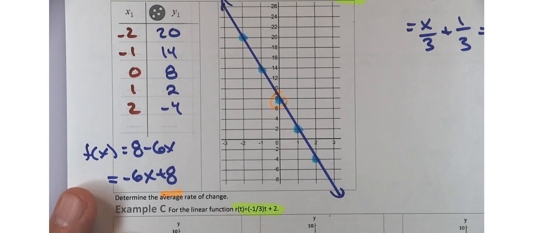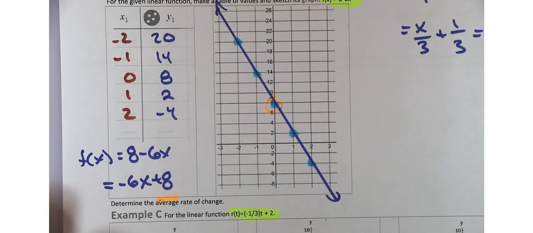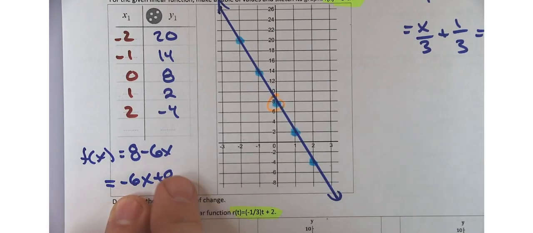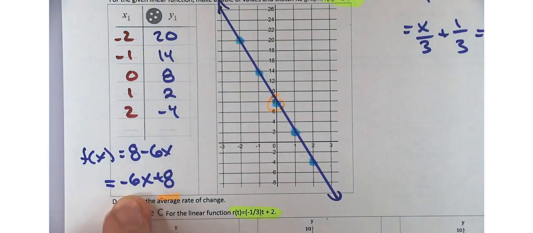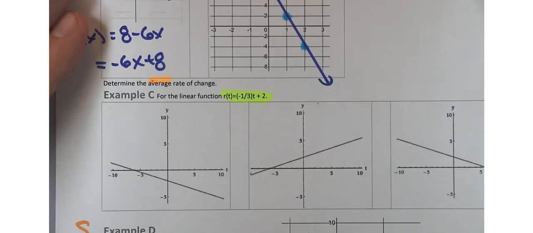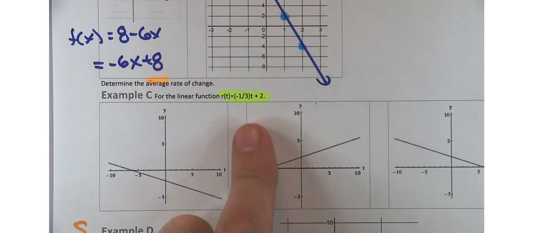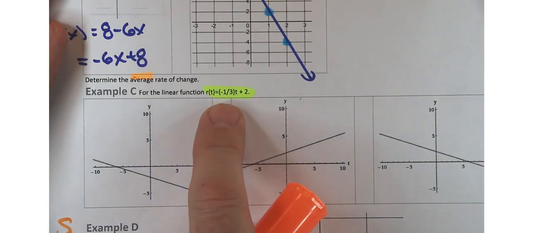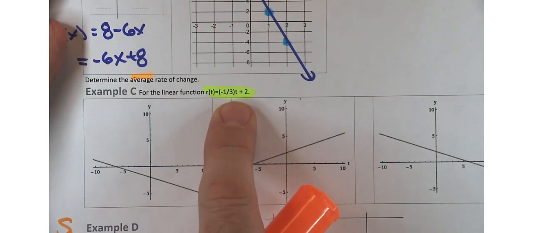Nice. Now, let's pay attention to the slope here. As you move from left to right, we are decreasing. That's reflective here with that negative. Try and use some of that and think about, without graphing it, which one of these graphs has to be the graph associated with this one.